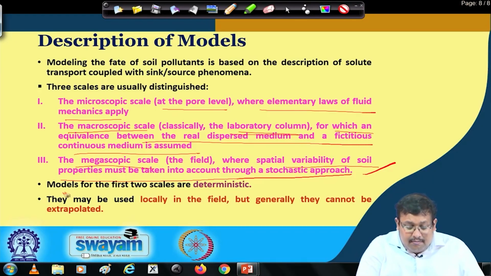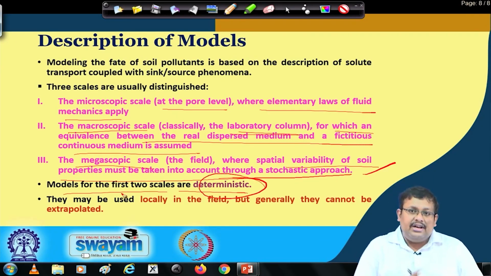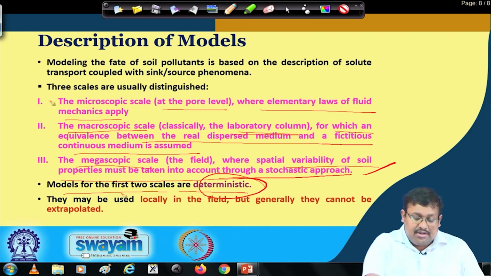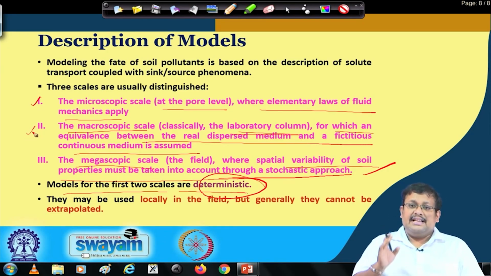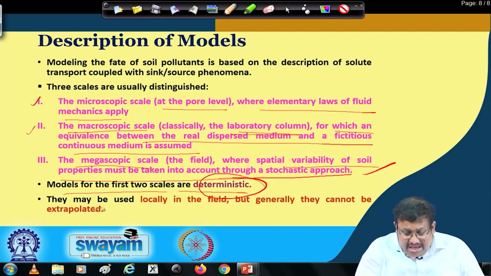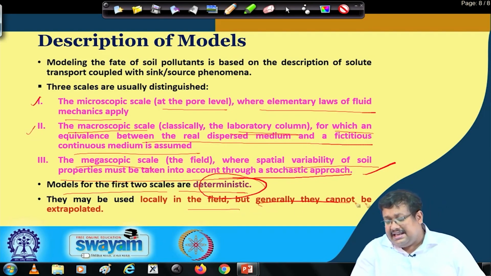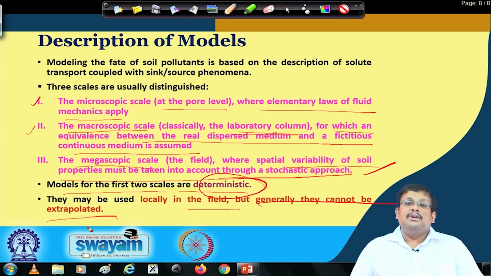Now, remember that models for the first two scales are deterministic in nature. We already know what a deterministic model is. So, the first two categories, that is microscopic and macroscopic scales, are deterministic in nature, and they may be used locally in the field, but generally they cannot be extrapolated.